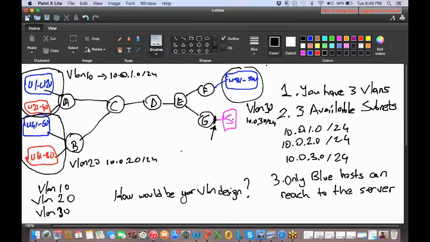So this would be your one design option: you group the nearest hosts, the nearest users connected to the same switch, into a group, and then put the filter on the target side.